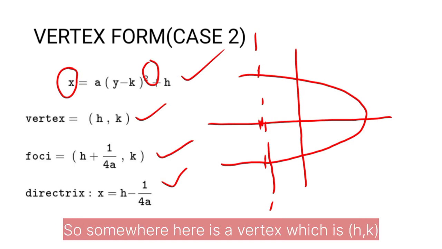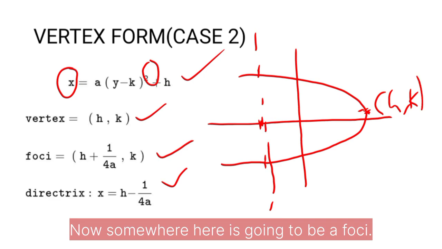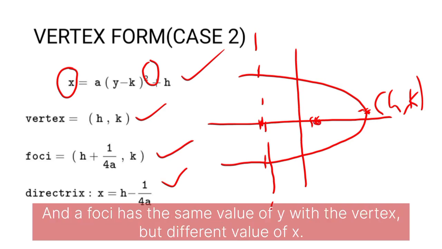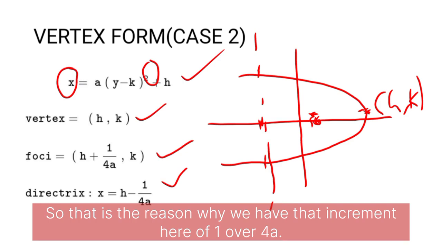Okay, so somewhere here is our vertex, which is (h, k). Now somewhere here is going to be our focus, and our focus has the same value of y as our vertex, but a different value of x.